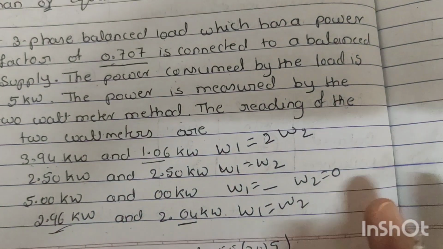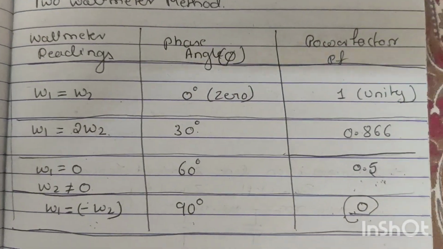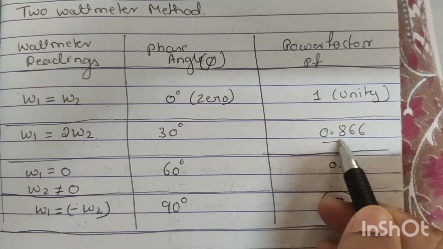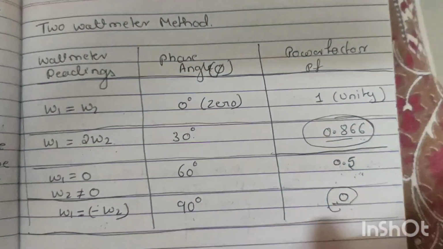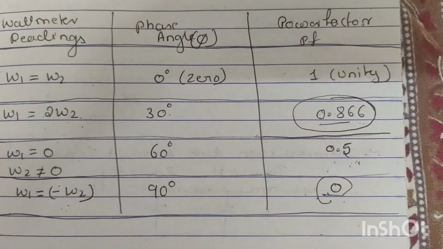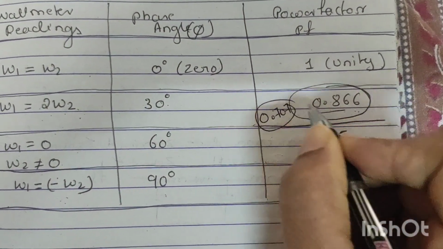We are just assuming. Why we assume like this: in the table, when W1 is equal to 2W2, the power factor is 0.8666. In the question they have given 0.707. In the table you observe the power factor is very near to this.